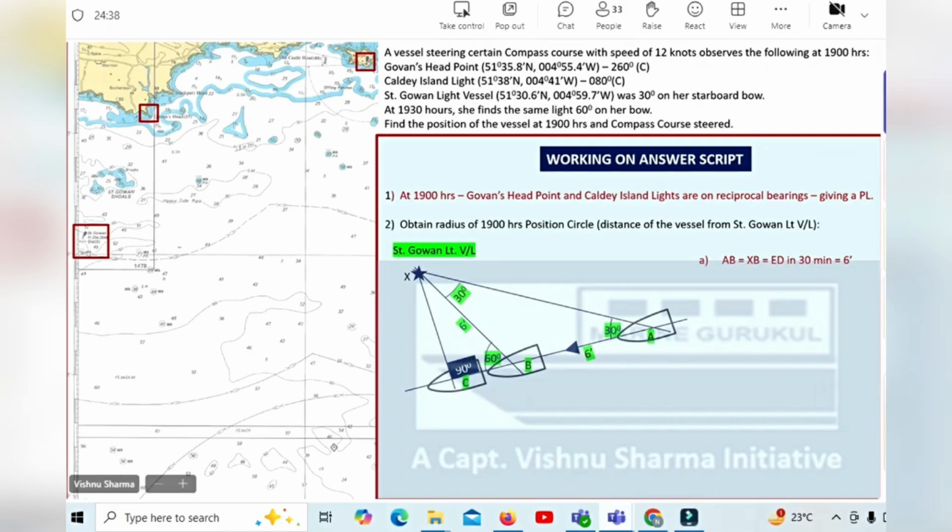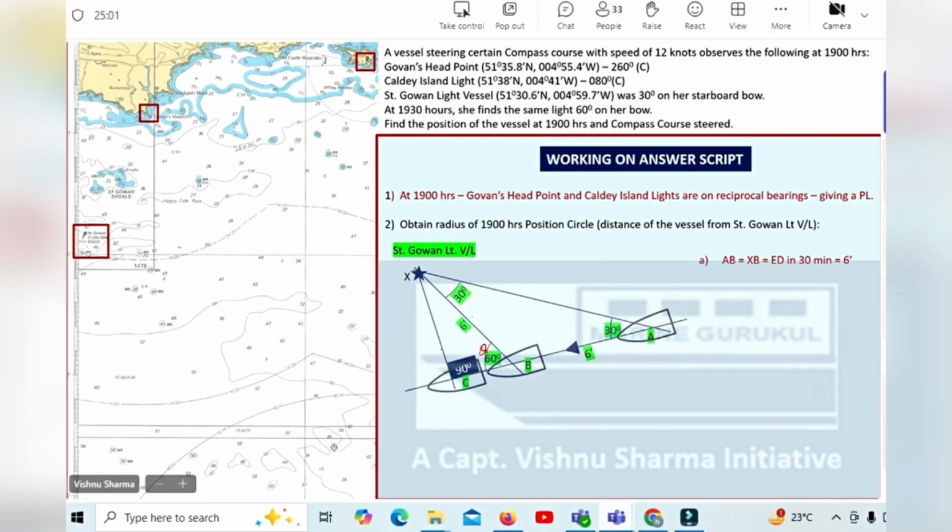Now, if XB is 6 miles and angle B is 60, then in this right angle triangle XCB, we can find out the beam distance by simple trigonometry. This is the theta, 60 degrees. This is the perpendicular and this is the hypotenuse.